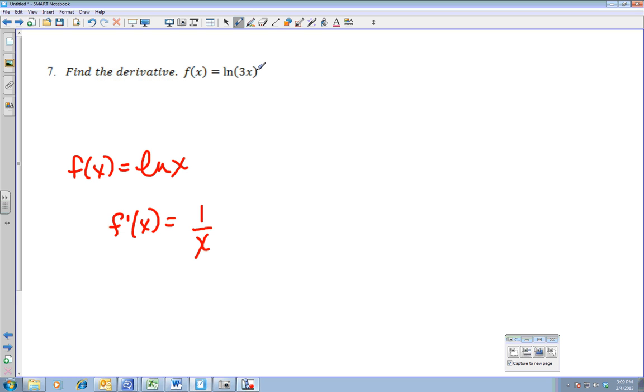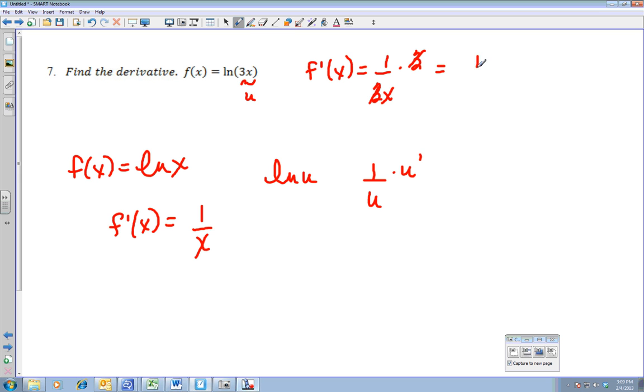Okay, but in this case, it's not. So f prime of x equals, this is natural log of u. So if I have natural log of u, the derivative is 1 over u times the derivative of u. So if this is my u, the derivative is 1 over 3x times the derivative of that, which is 3. And I can simplify. My 3's cancel. My answer is 1 over x.